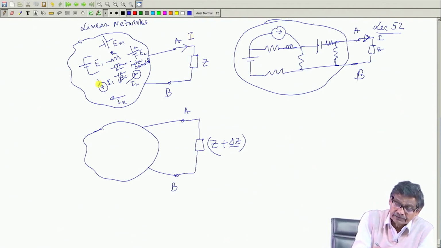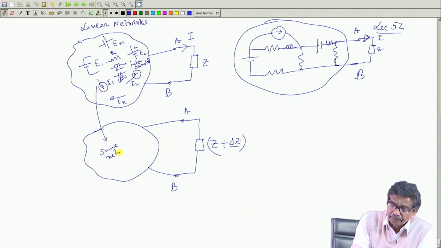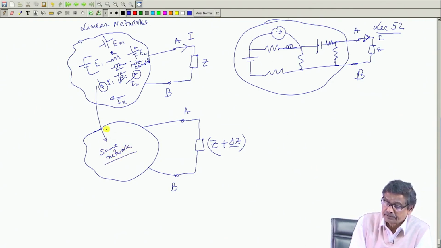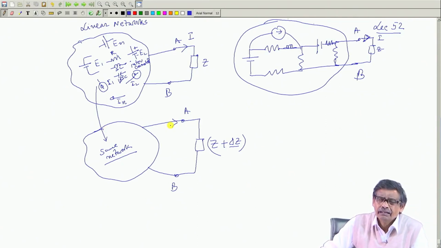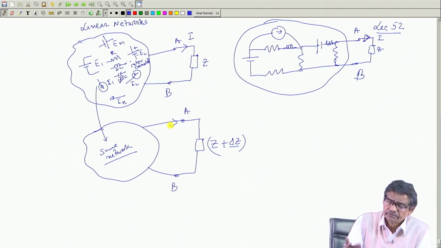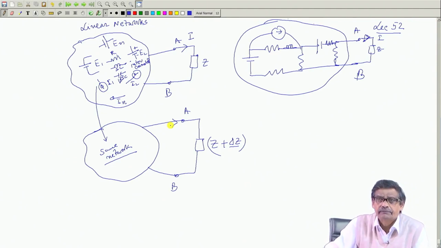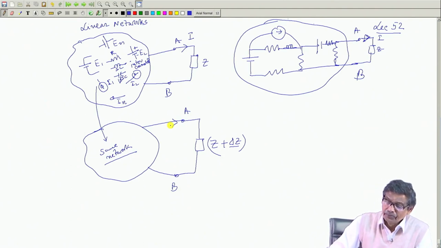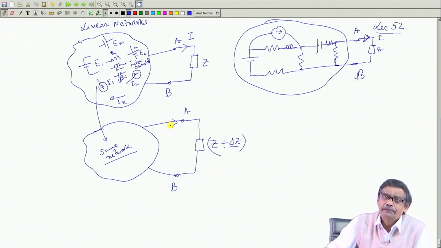Same network, linear network. I have simply varied Z to Z plus delta Z. Then I ask you what will be the new current. One answer could be to resolve the circuit once again and find the new current. That is one way of doing it. But we will do it in a slightly different way.